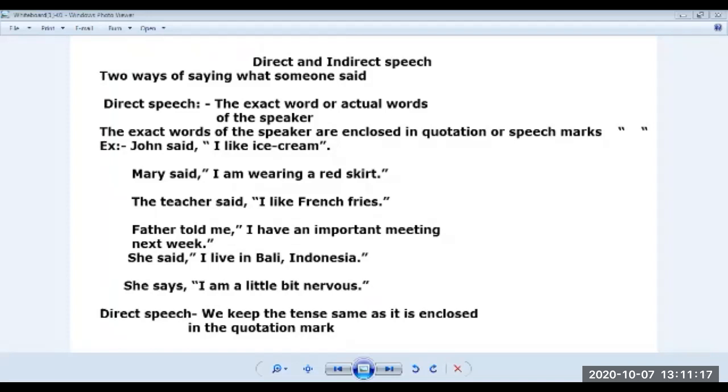When I talk about the actual, that means the exact words of the speaker. For example, just now I said, good afternoon, children. Today in my English class, I am going to teach you certain rules for changing or reporting a speech.